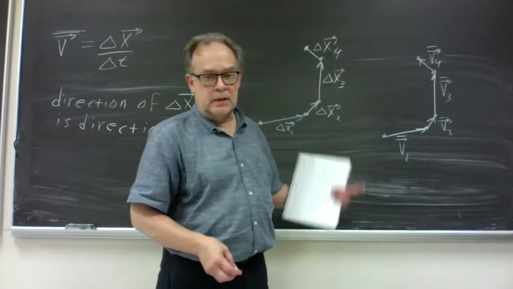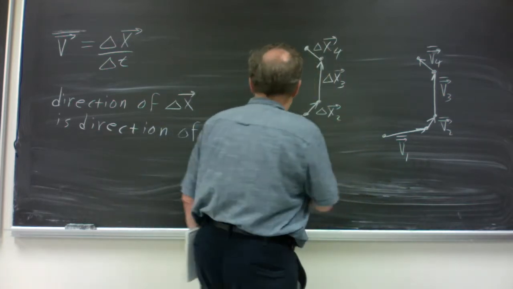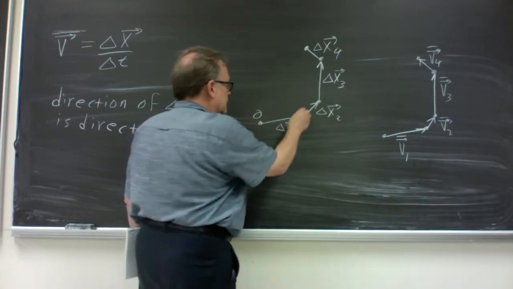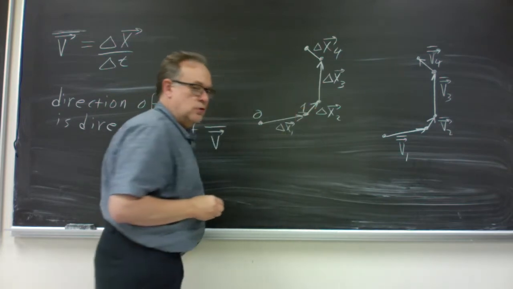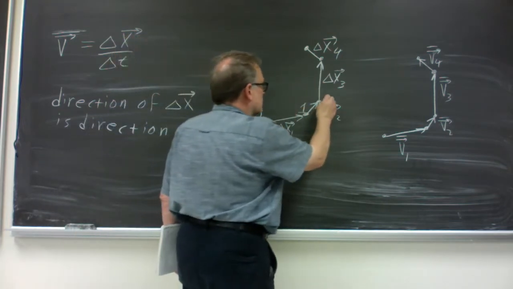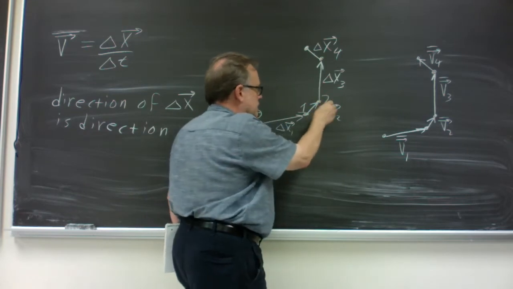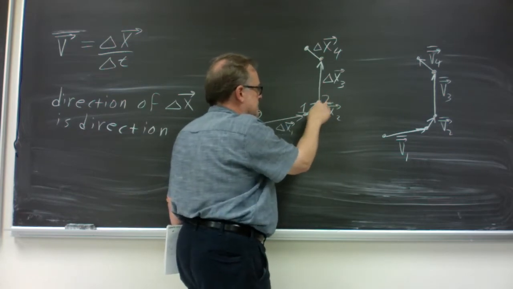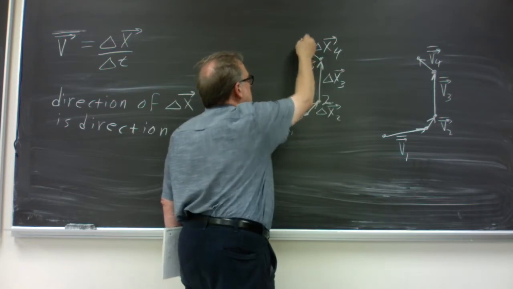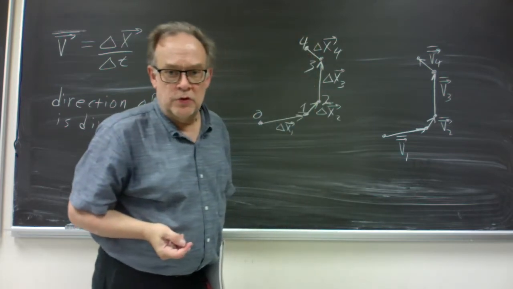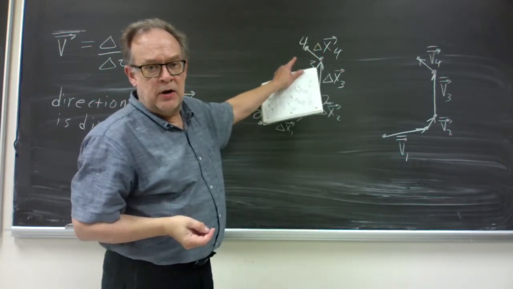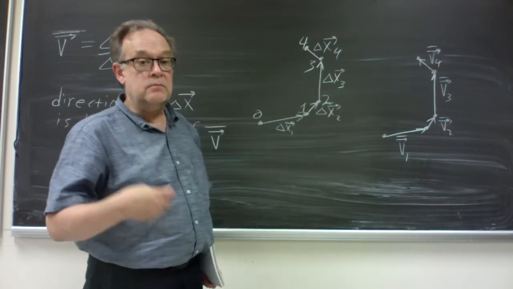Here's our motion diagram. The motion starts here, and at the end of the first time interval, the object is there. And at the end of the second time interval, the object is there. And at the end of the third and fourth time intervals, the object is there and there.